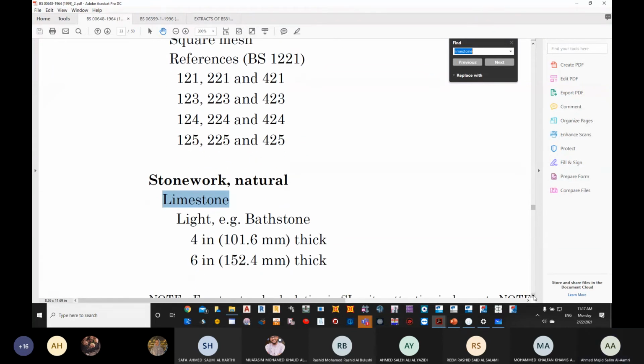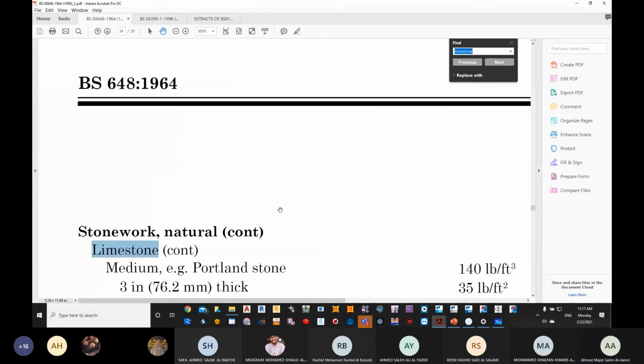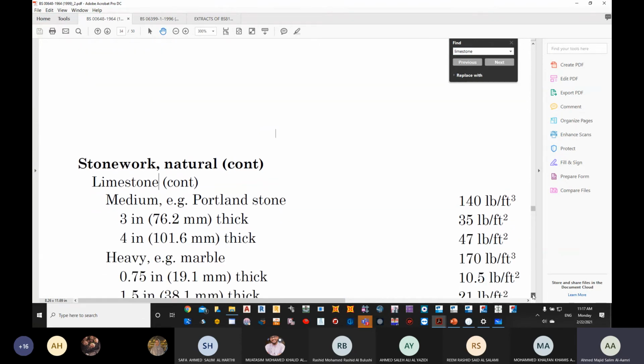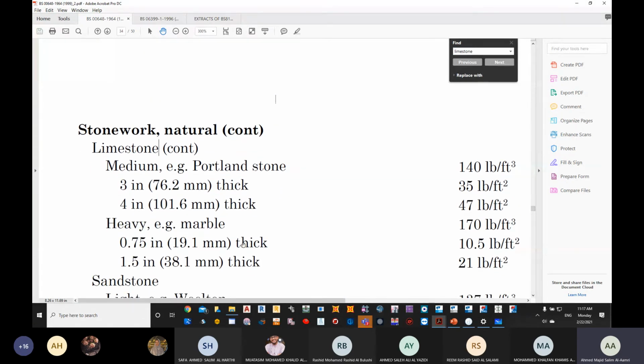Then you have limestone which is used for medium purposes, general purposes like offices, rooms, and other things. And then you have marble, which is heavy.